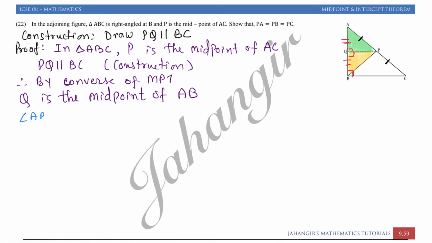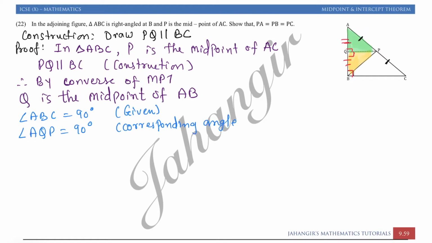Angle ABC is equal to 90 degree, given. So therefore angle AQP is also 90 degree, corresponding angle. Therefore angle PQB is also 90 degree, linear pair.